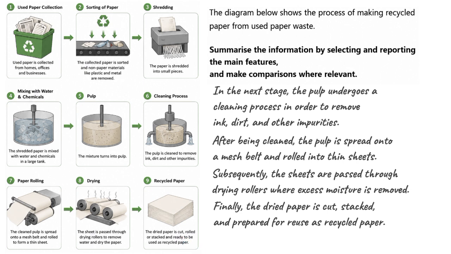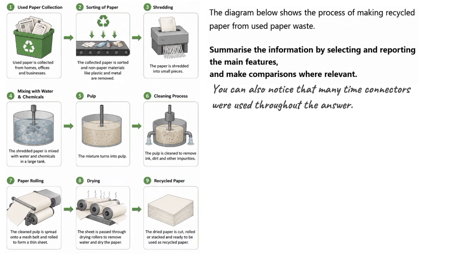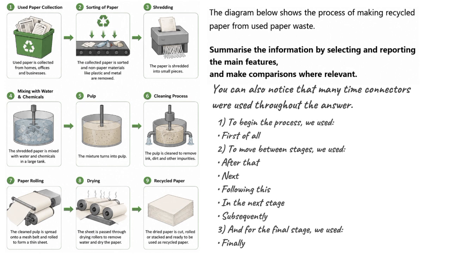Congratulations! We have now described all the stages of the process clearly and logically. You can also notice that many time connectors were used throughout the answer. These connectors are extremely important in process diagrams because they improve coherence and cohesion. To begin the process, we used, first of all.